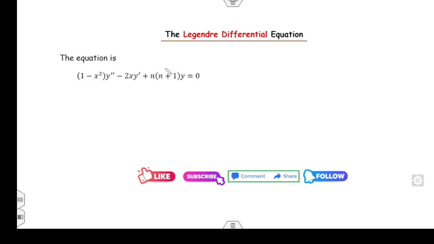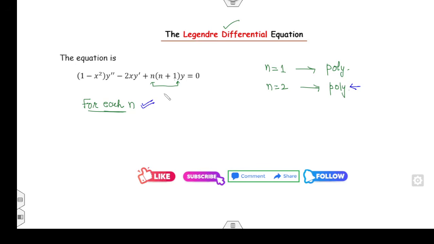Now, if I consider the particular value of lambda, that is n into n plus 1, that we call the Legendre equation. For each n, remember, if you consider n is 1, you will get the solution of the differential equation, that is a polynomial. When you consider n is 2, again you will get a solution, different from the n is equal to 1 solution, but it's still a polynomial, and so on.